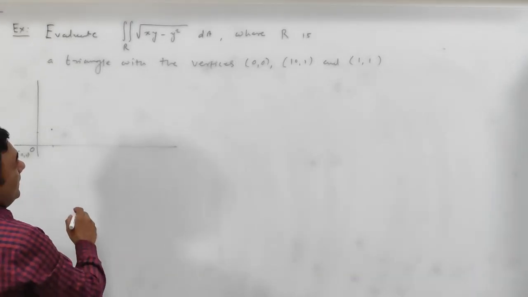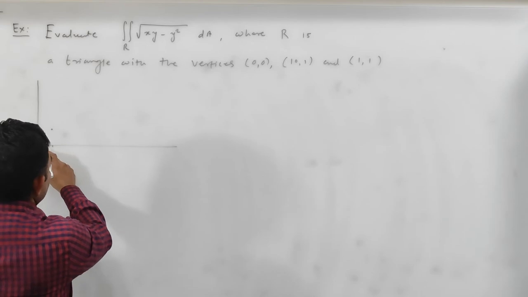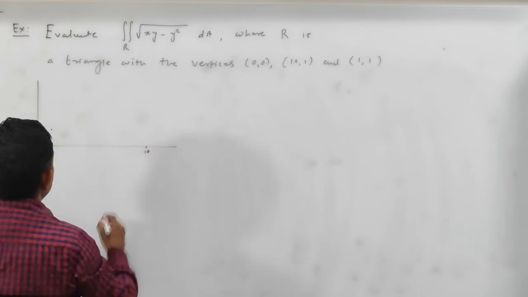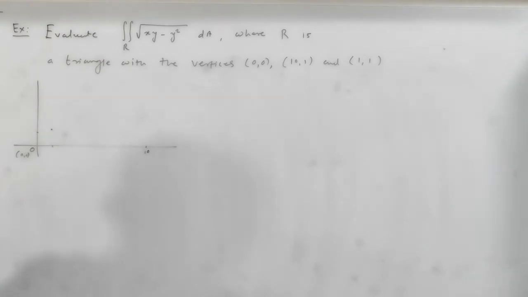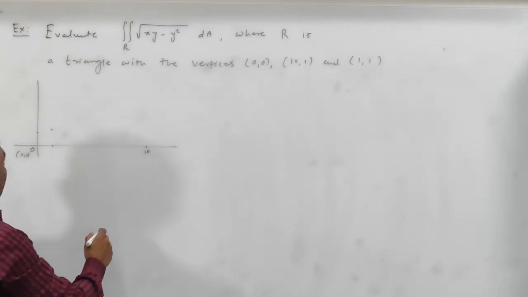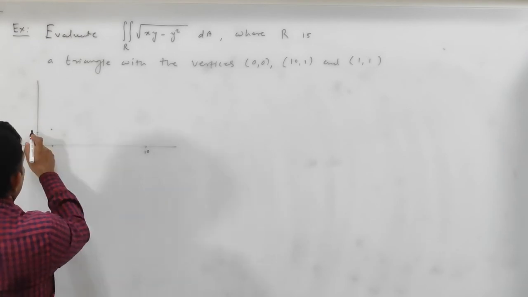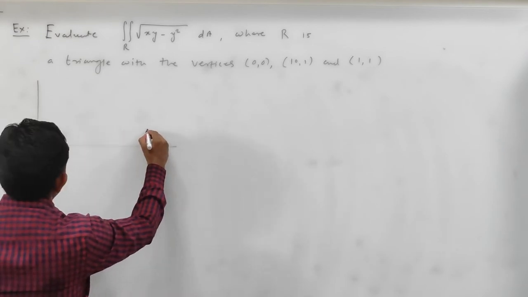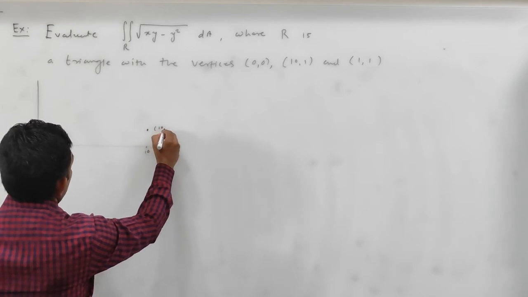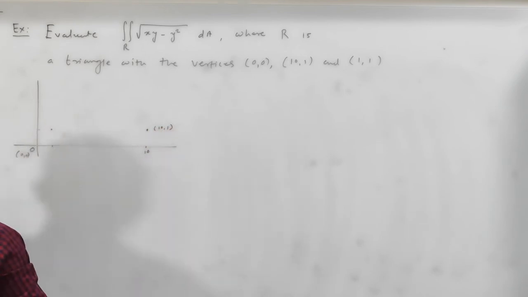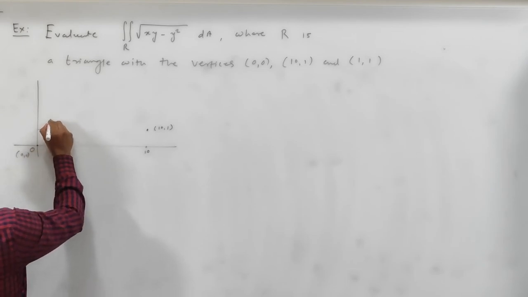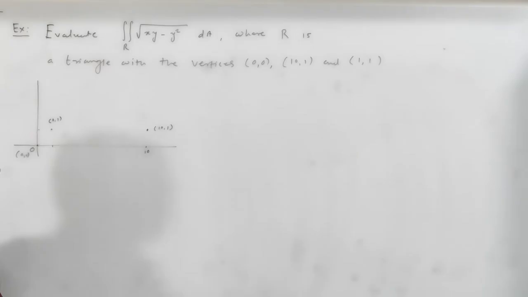Now the x coordinate is 10, so let me say this point is 10, so 10 comma 1, and at the same height I have 1.